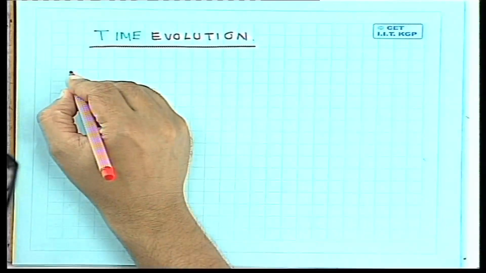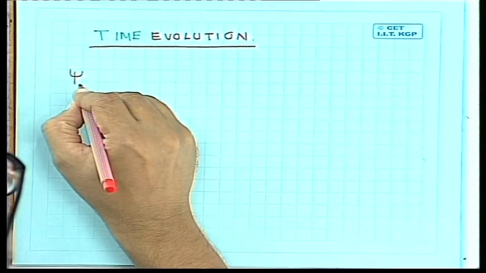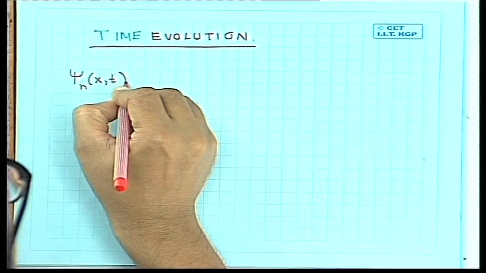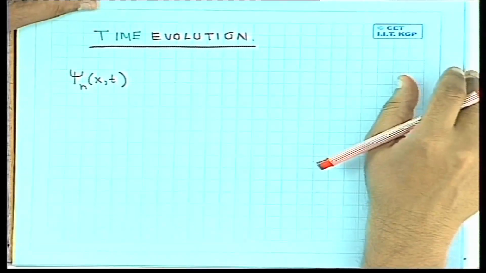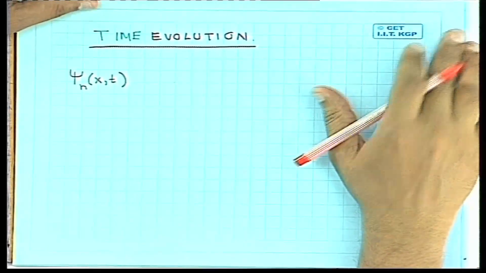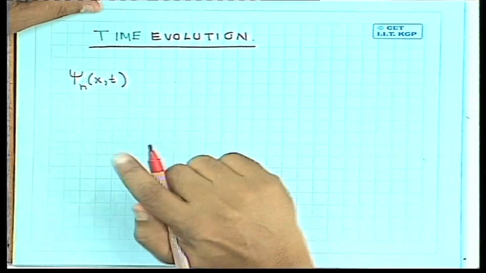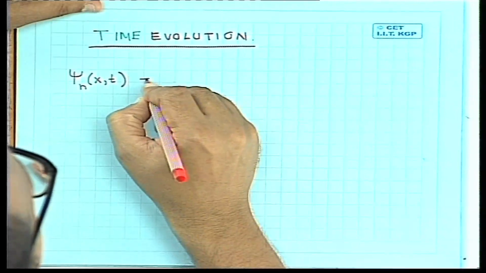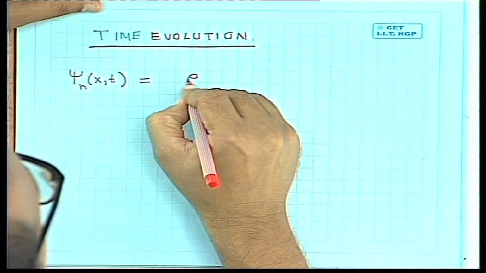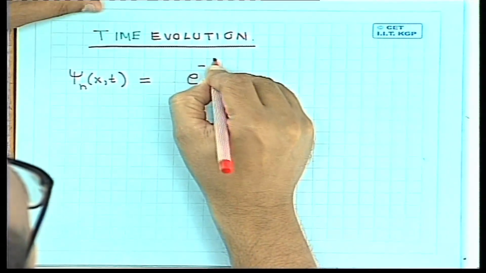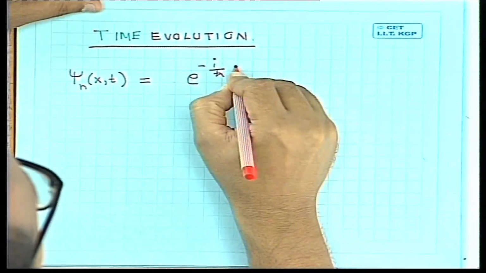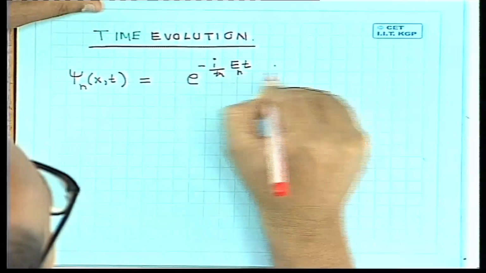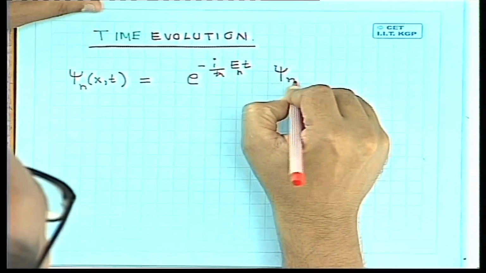Each of these states, psi n of x and t, is an eigenfunction of the Hamiltonian. They correspond to fixed energy levels, and their time evolution is very simple. Let me write down the time evolution of each of these. It is e to the power minus i by h cross E n t psi n of x.